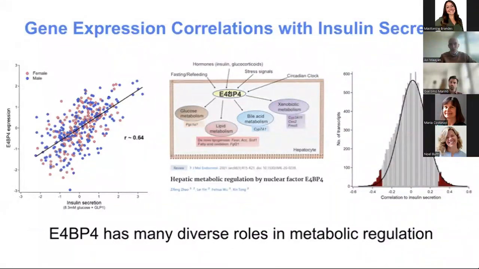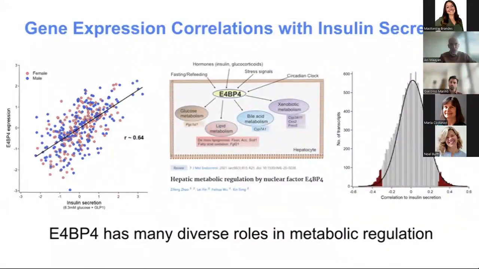This is just showing that this gene, E4B4, is highly correlated with insulin secretion. At least for many of those known genes, you can see that they come in on the edges of this ranking based on the correlation.